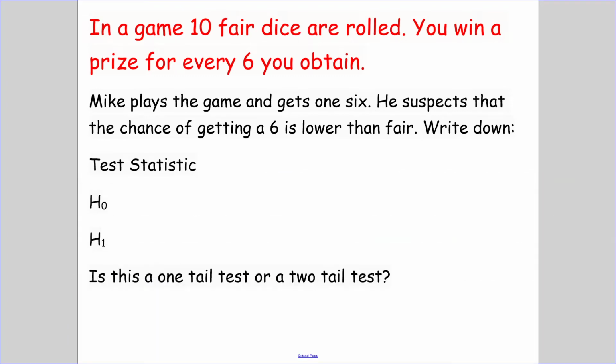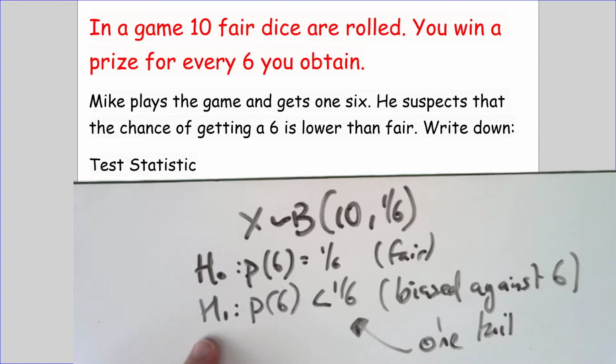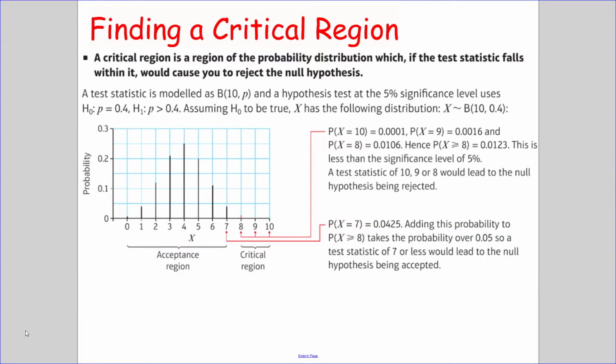Okay. Today we're going to look at finding critical regions, which is the region where we can say we're going to go with this H1 here rather than our H0. Or if it's not in the critical region, we're going to stick with H0 as the hypothesis we believe is true. So a critical region, if we have a look at this graph, here we have a binomial distribution.